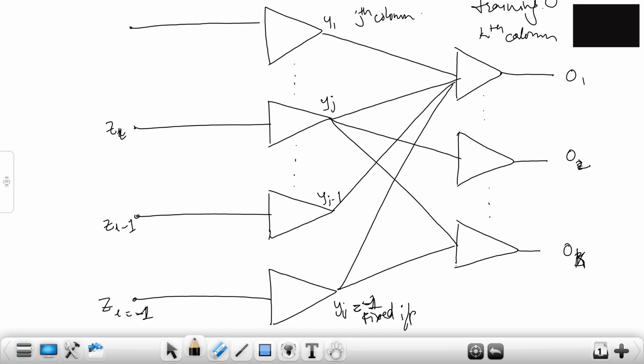I'm just writing ZL because I don't want to take more numerals over here. This is the nth column that we have. This is Z1 inputs. So these are all going to be your inputs. This is your fixed input at the last that you have. And this is going to be your ith column.